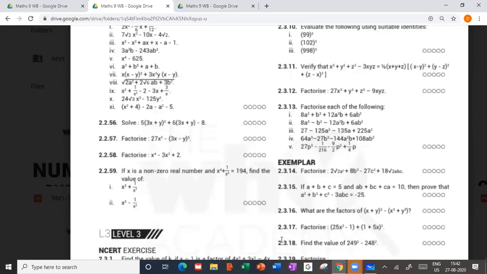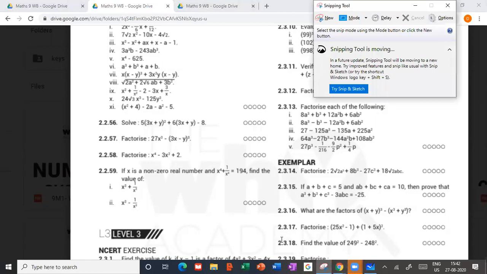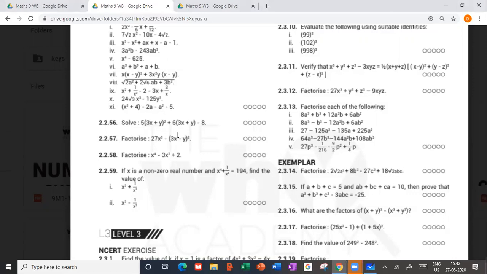Ma'am, in factorizing the expressions, instead of using the factor theorem, can we sometimes use a grouping method? What is this method? Grouping the terms and then middle term splitting. Acha, splitting the middle term. Yeah, factor theorem is too long.